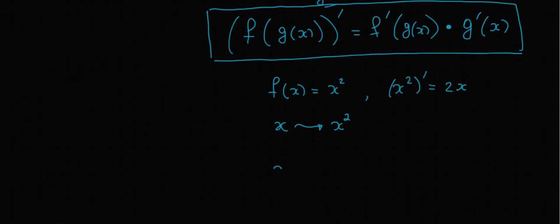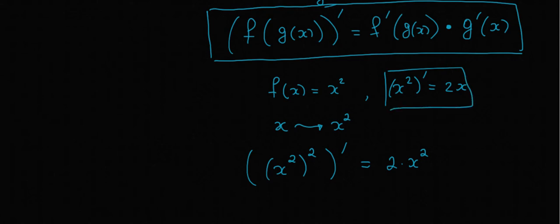I'm going to get the derivative of x squared all squared equals 2 times x squared. That's what I would get if I were just replacing x with x squared in the formula for the derivative of x squared.